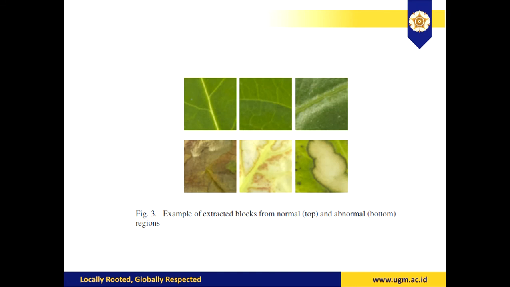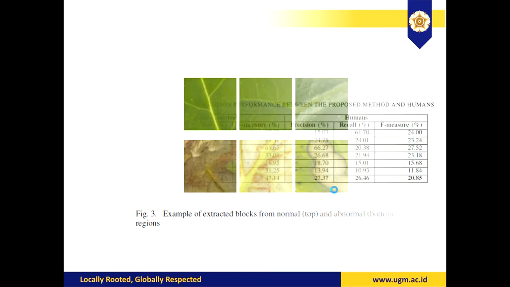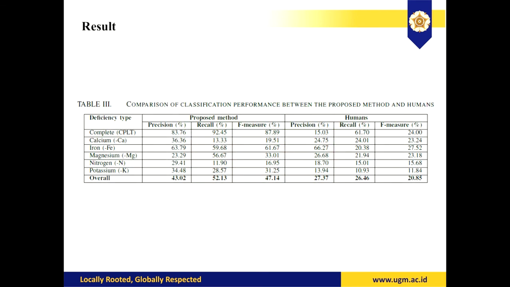This is an example picture of the block. This is a healthy leaf, and at the bottom is a leaf that has some deficiency. After that, we can see the result.